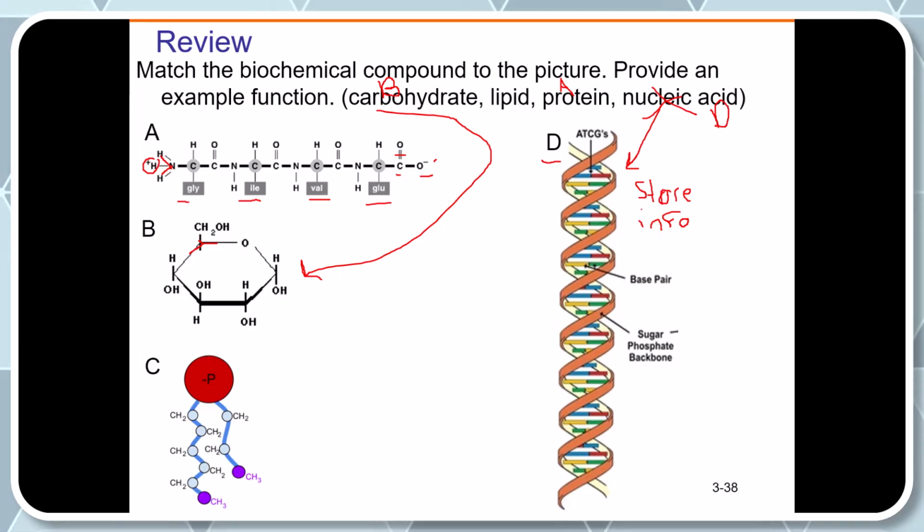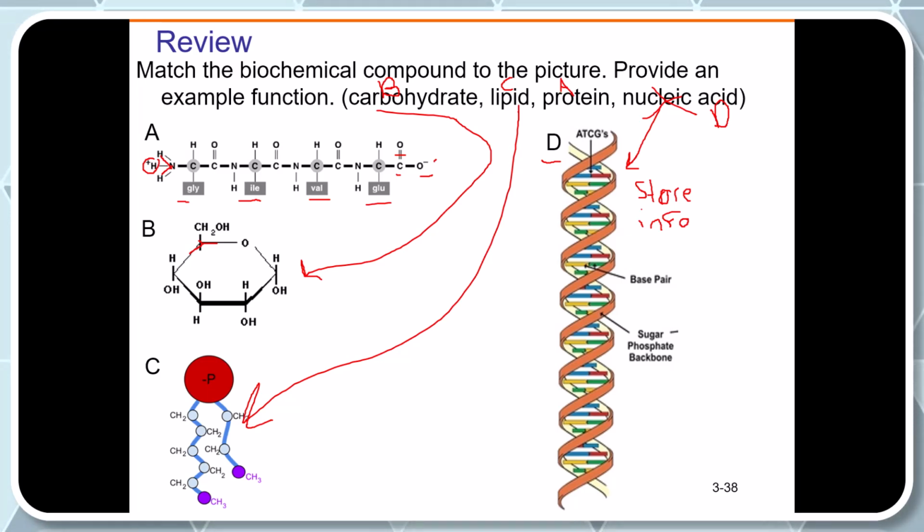And then C is our last one, and that's going to be the lipid. So the lipid is C here. This lipid in particular is supposed to represent a phospholipid, but they did it a little bit poorly because it's not just a big phosphorus in the head group here. It's even more than just a phosphate group, but that's an example of a lipid. What are some lipid functions?